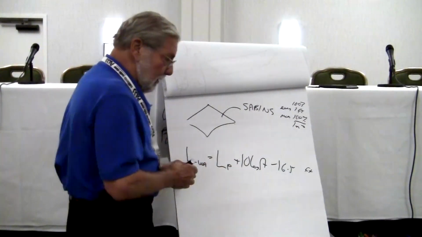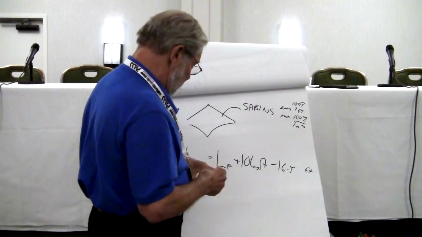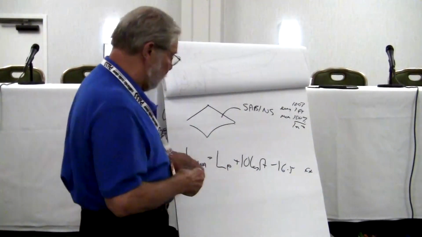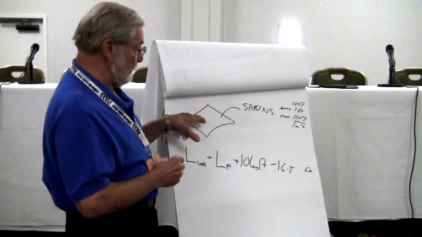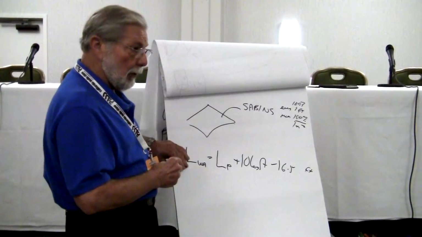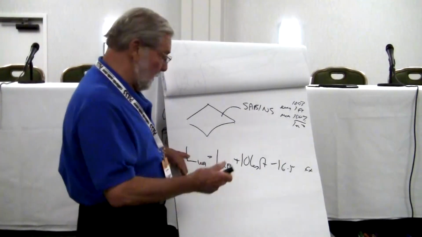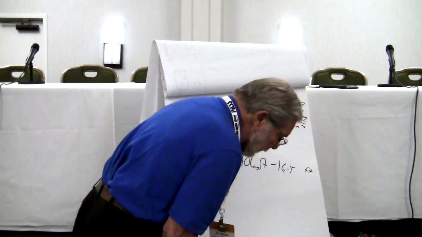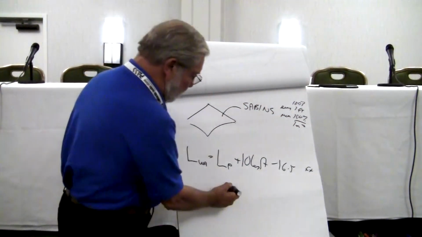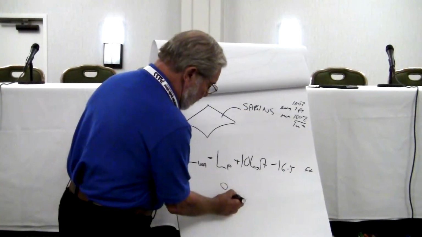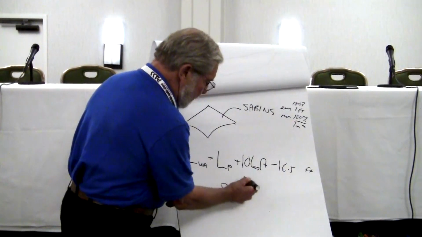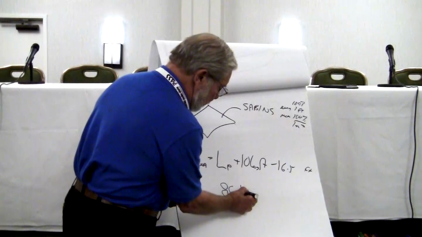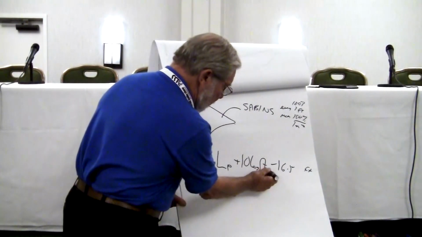Again, what is LWA? This is the sound absorbed by a sound absorber, the amount of power in watts. And so let's say that it's 80 dB outside of the sound absorber, and we have 1 square foot.